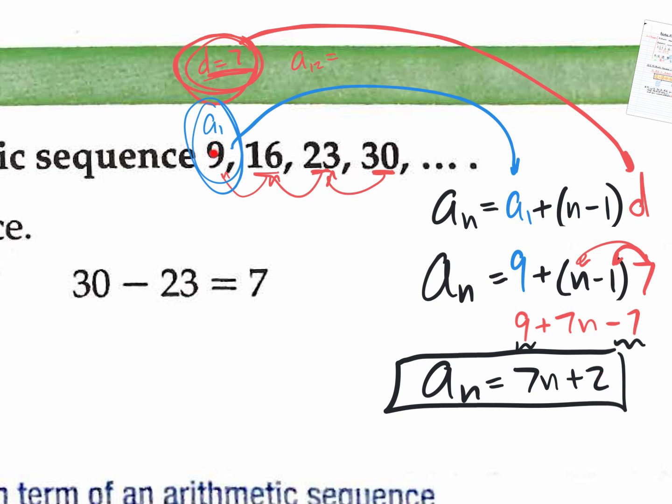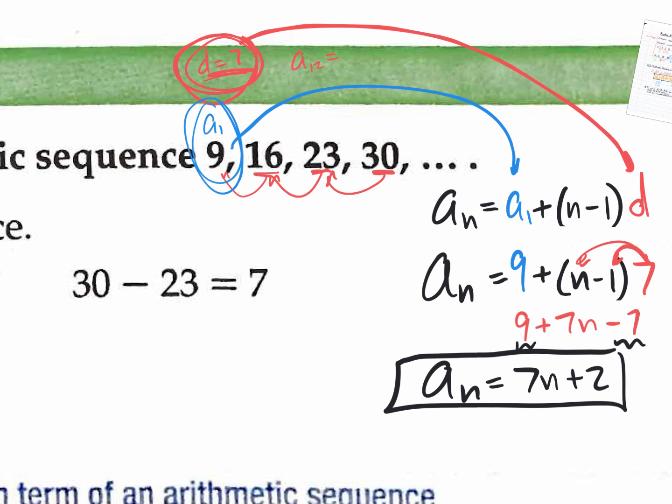Pretty crazy, right? If I plug in a 2 for n, if I wanted to find my second term, all I have to do is plug in a 2 into this machine and it'll give me my second term. 7 times 2 is 14. 14 plus 2 is 16, right? If I wanted to find my, let's say, fourth term, what do I have to plug in right here? 4. 7 times 4, 28. What's 28 plus 2? 30. Fourth term is 30.